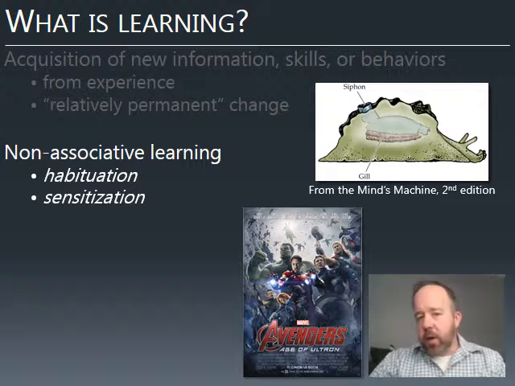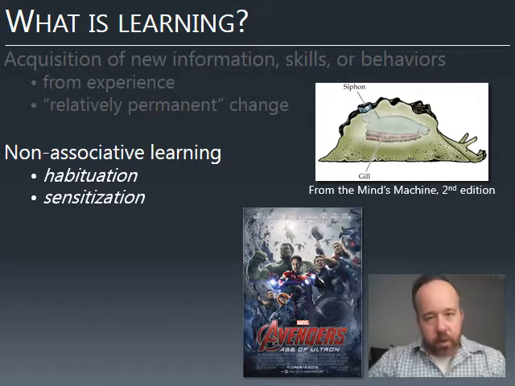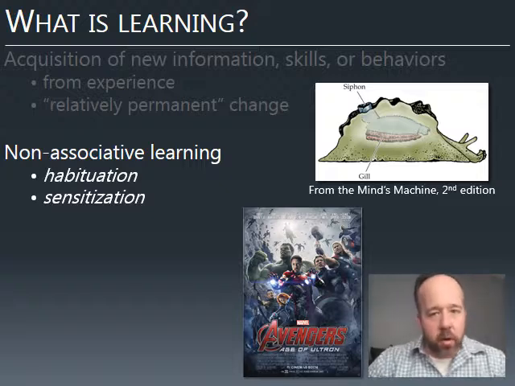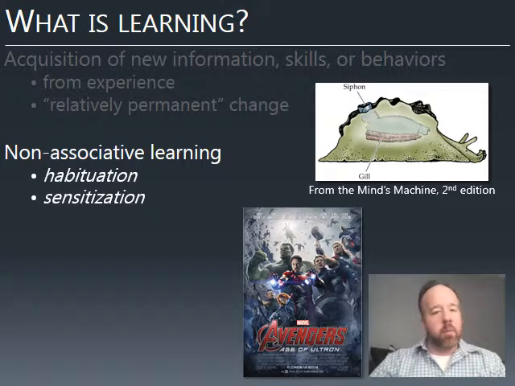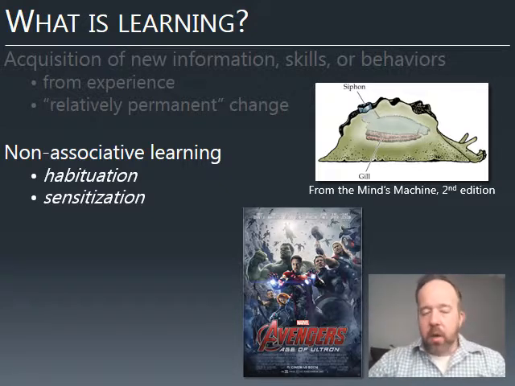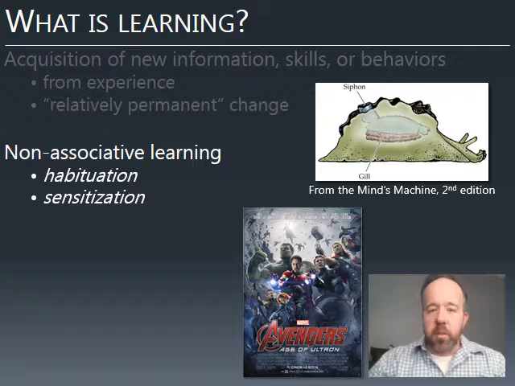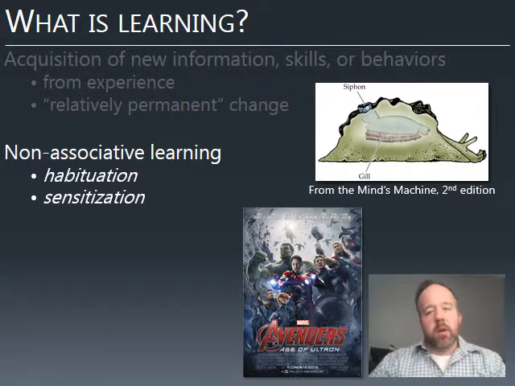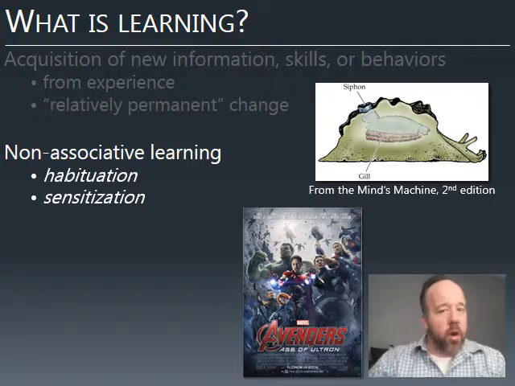So there's habituation, but there's also the opposite, sensitization. And again, we're dealing with one kind of stimulus. It's still non-associative learning. And here, this is where the opposite happens, where the individual becomes more sensitive. You get a bigger response to the same stimulus. Usually because some sort of damage or harm has occurred.